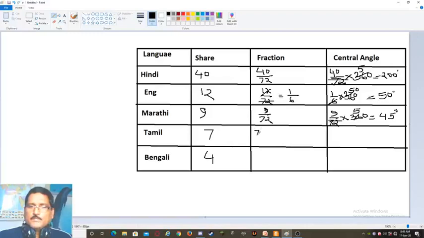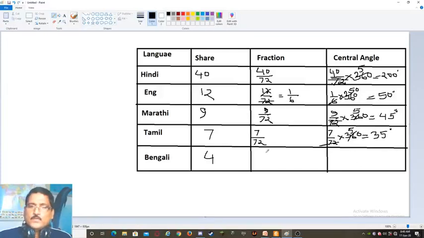Now 7 by 72, fraction, then central angle 7 by 72 multiplied by 360 degree. I am using a mouse to write, so it will be very difficult. Okay, you have to understand this. So 5 7s are 35 degree.